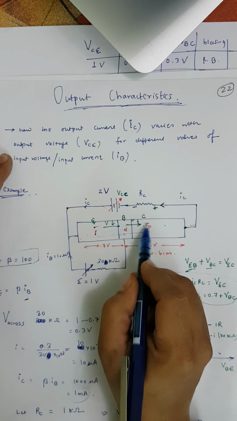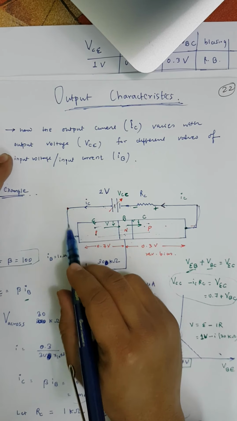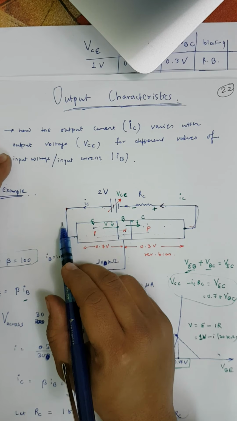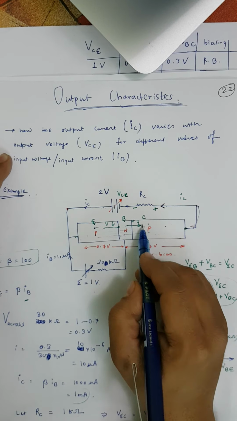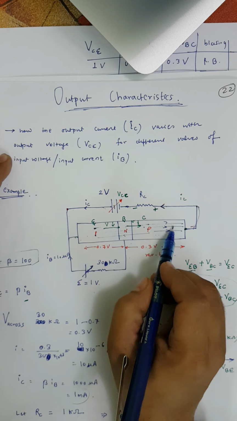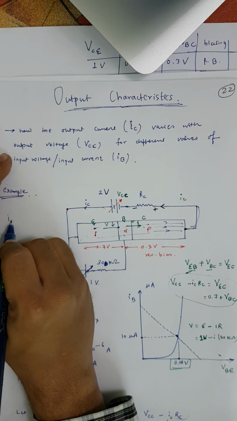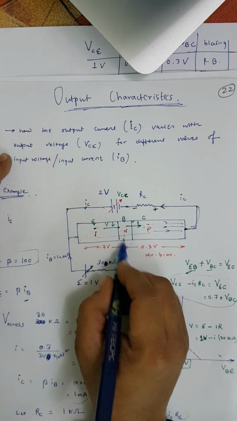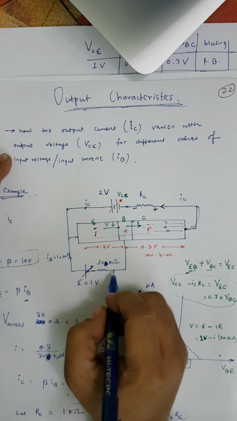emitter to collector. So what was controlling the collector current here? Whatever holes were diffusing from the emitter side were able to come to the collector. So IC was controlled by IB, the input current.